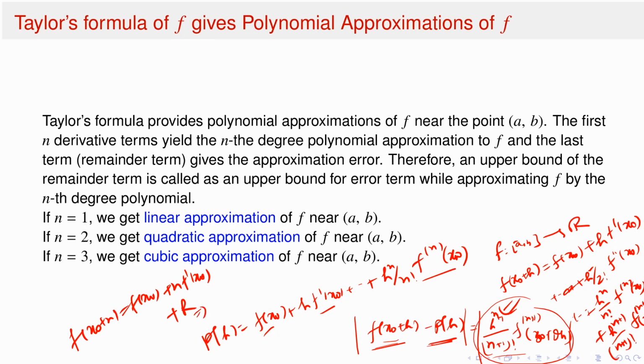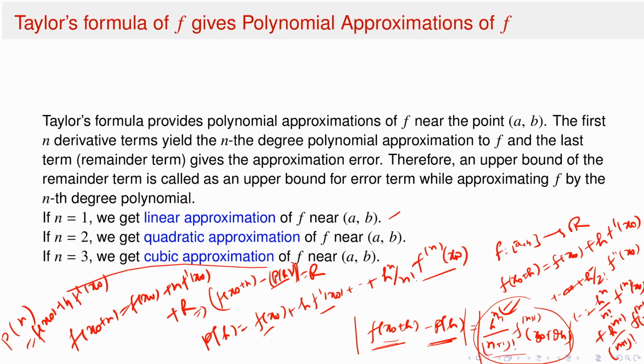It implies that f of x naught plus h minus some polynomial p of h is nothing but the remainder term. Now, what is p of h? In this case p of h is exactly equal to f of x naught plus h times f prime x naught. That means it is a linear polynomial, or as we said, a linear approximation. That is exactly what is going on for n is equal to 1.